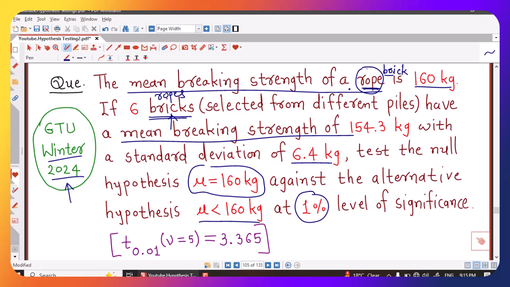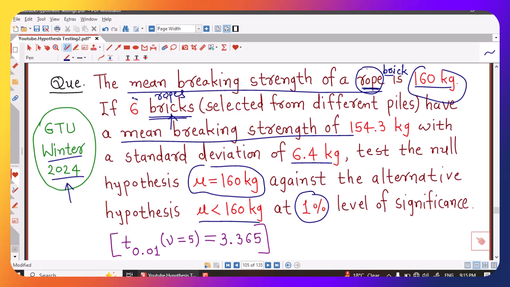Suppose we assume that we are talking about the breaking strength of a brick. Then it is given that the mean breaking strength of a brick is 160 kg and 6 bricks are taken as a sample.